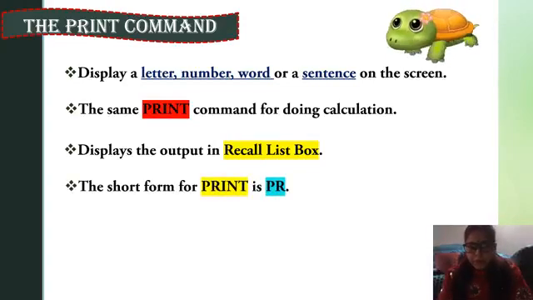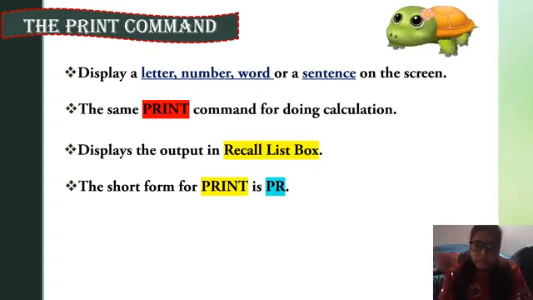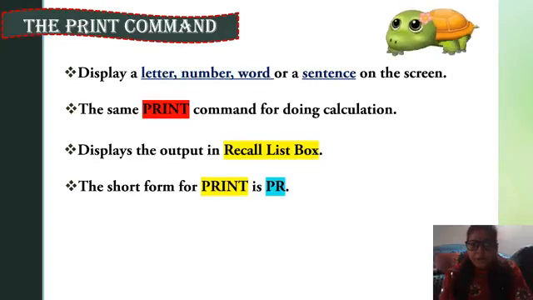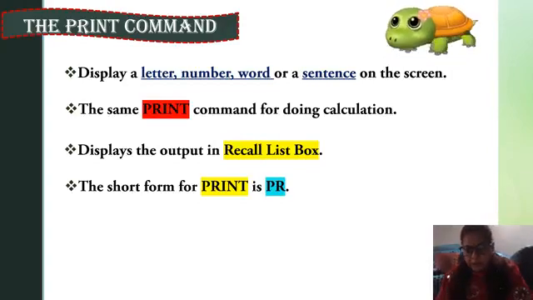The short form for print is PR. When you type, you have to write print first, so at that time you can write print or write the PR command. This command takes only one input at a time.